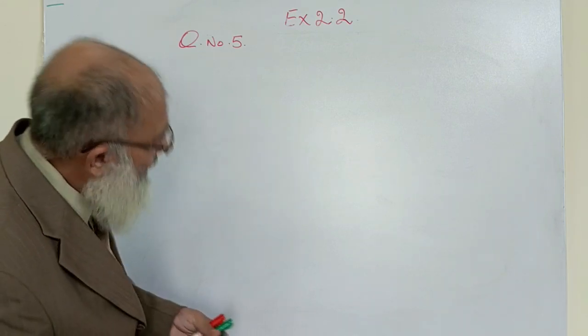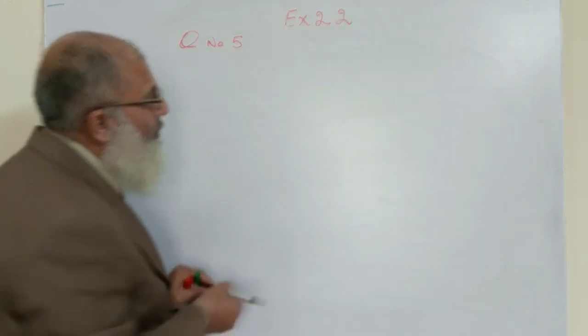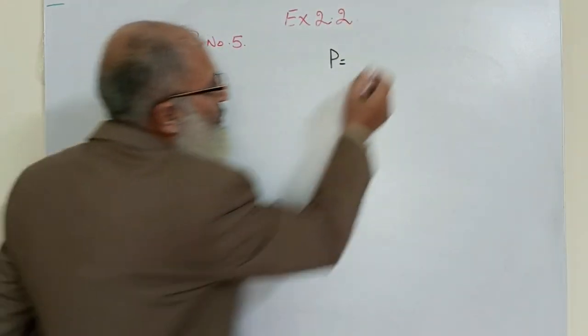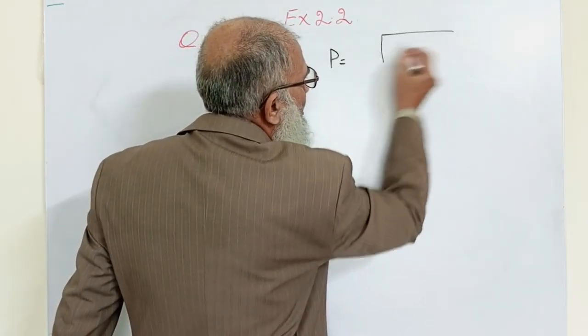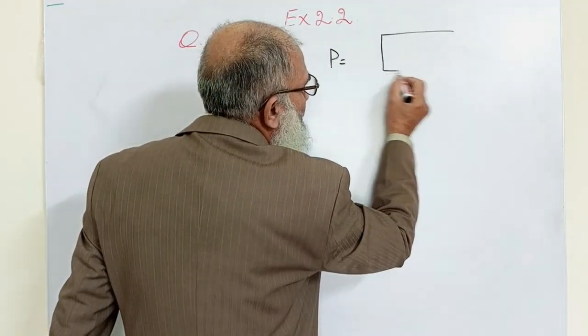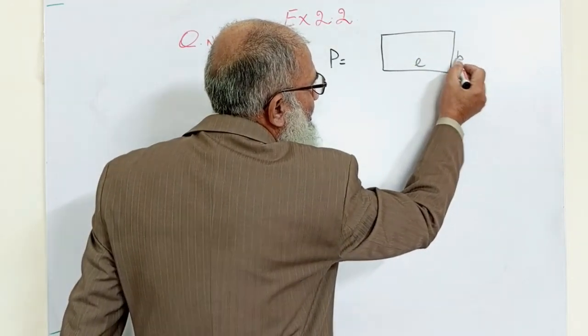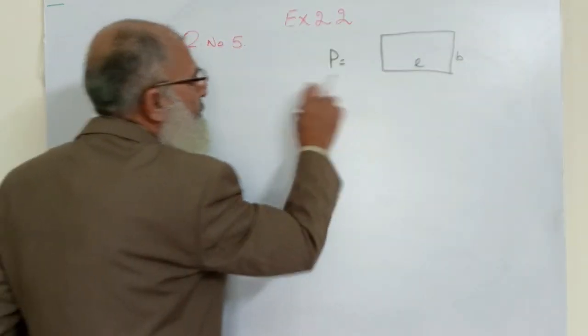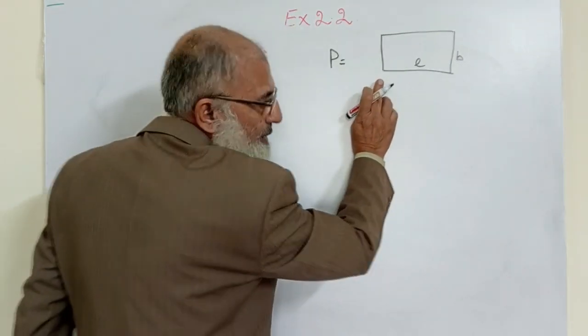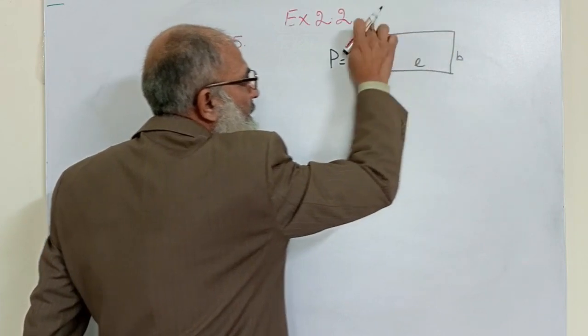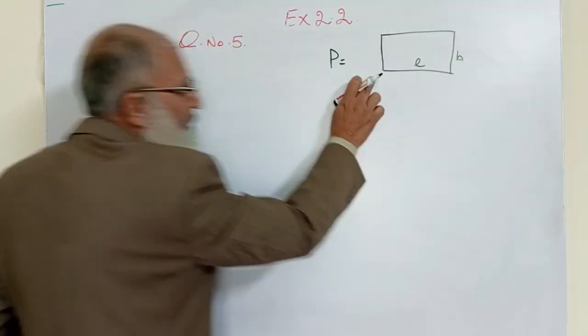Now, the perimeter of a rectangle, P. Now you see that this is a rectangle, and this is length and this is breadth. And I already told you that P is the length which we travel from here to here to here and back to the initial point.